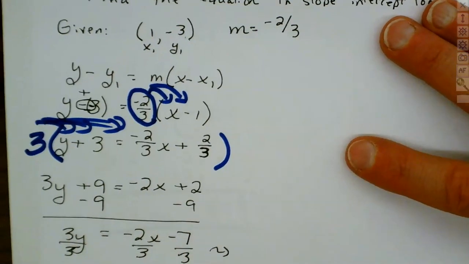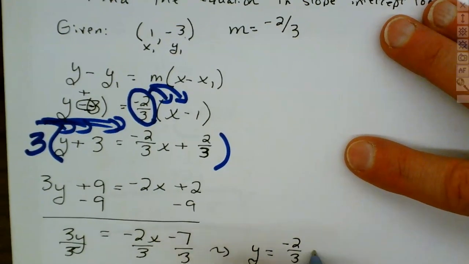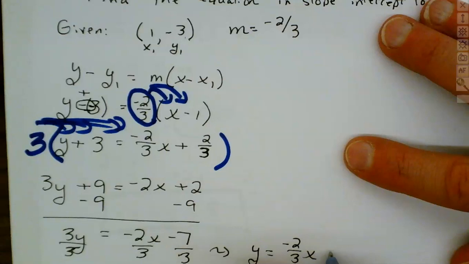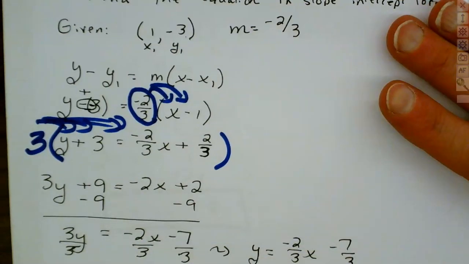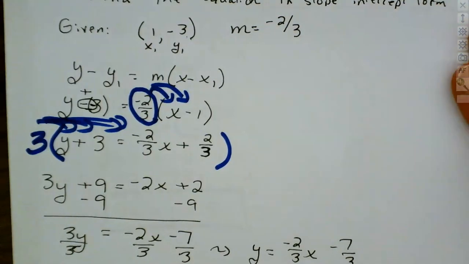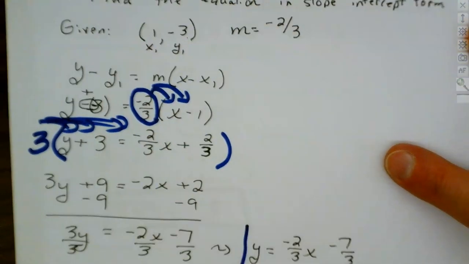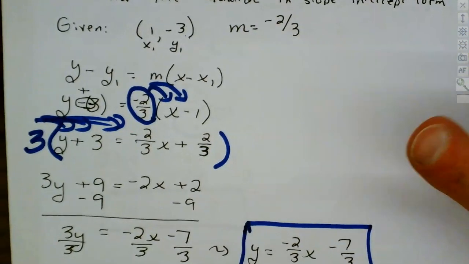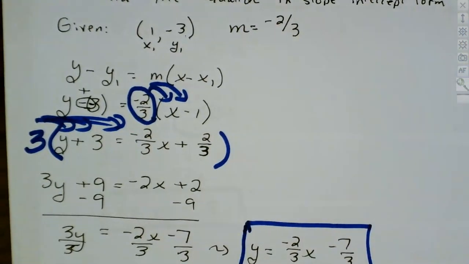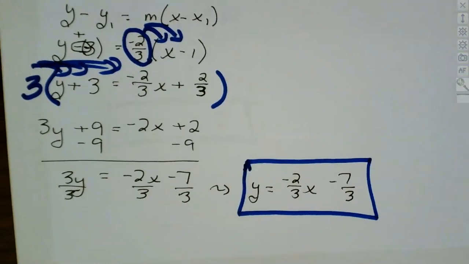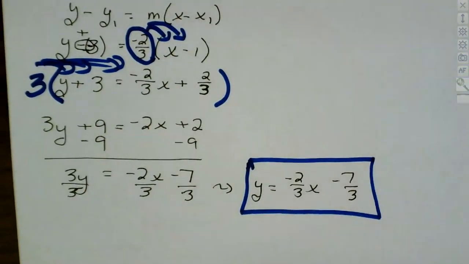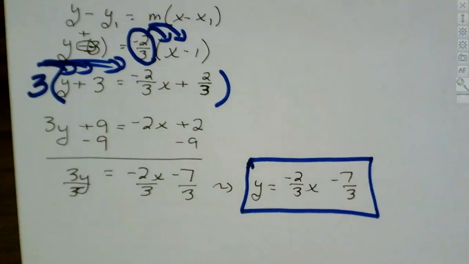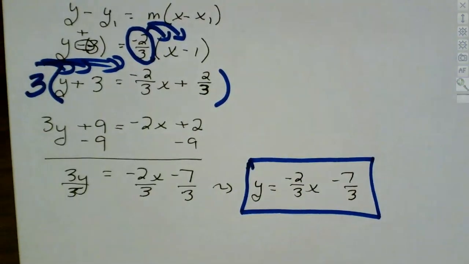And that leaves you then with y equals a minus 2/3 x. Watch your signs here. Minus 7/3. And that is your answer in slope-intercept form. And there are different ways of doing these. I think using the flow chart is the easiest way.